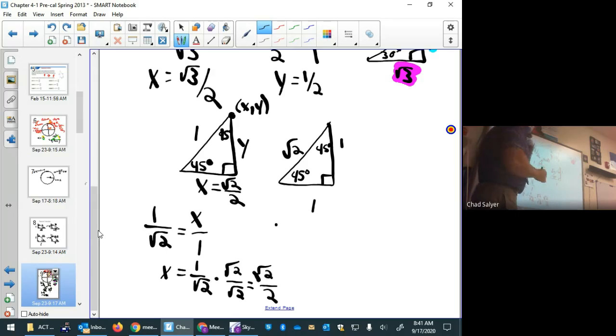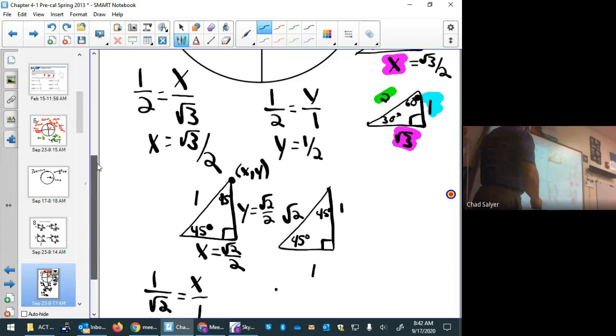Now, I don't even need to do that again, because these two angles being the same makes this triangle what kind of triangle? Starts with an I. Isosceles. And what's true about the legs of an isosceles triangle? They're the same. So we can just say that's the same.